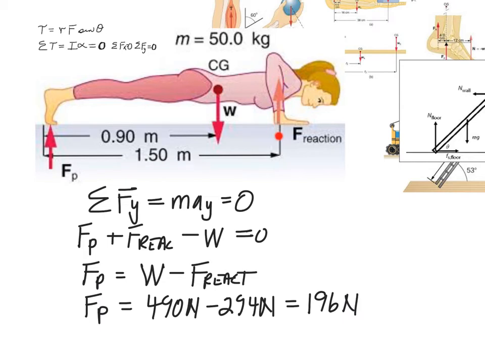And so in this case, we know her weight and we know the reaction force, but what we don't know, you see this 90 centimeters? Notice that we were given that, and 90 centimeters is not half of 150 centimeters, or her height, which isn't given. So your center of mass isn't necessarily in the middle of your body.